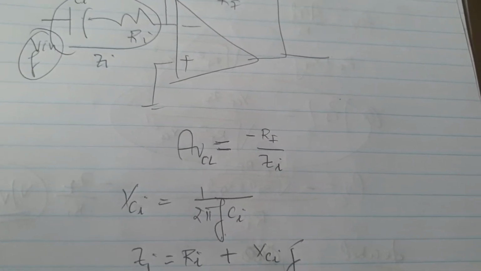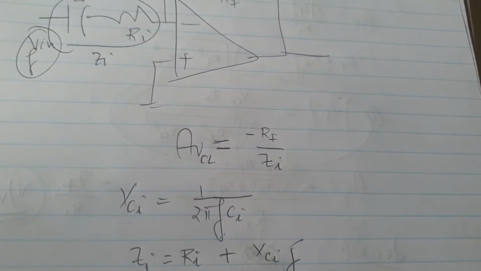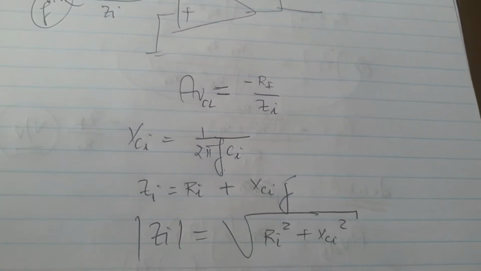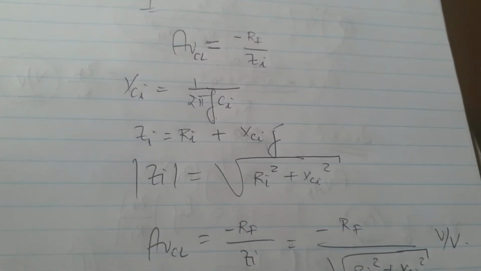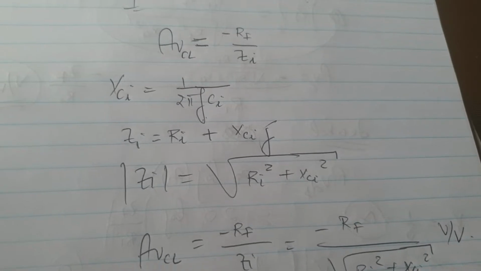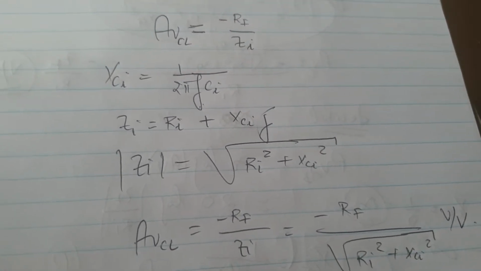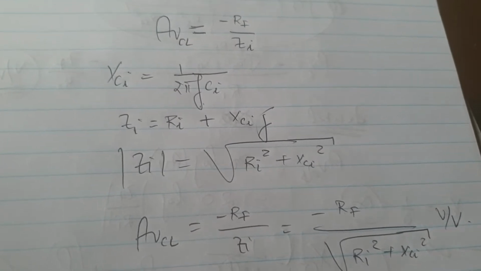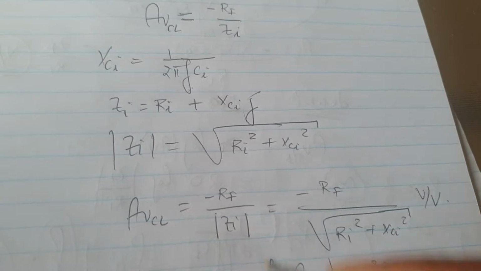But the Zi we refer to in the formula of the closed loop gain is the magnitude of this, which is nothing but the square root of Ri squared plus XCi squared. So that leads to the closed loop voltage gain being equal to minus RF over Zi, where here I'm referring to Zi as magnitude, of course.